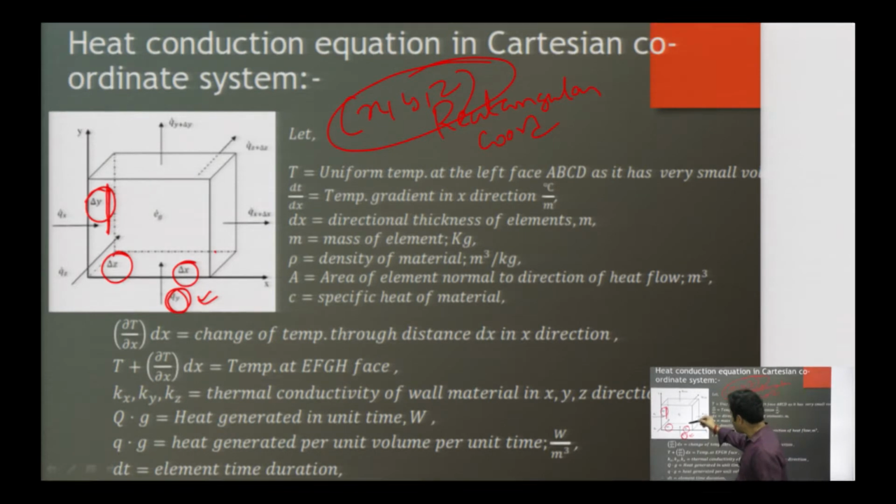Then the amount of heat that is going across the thickness, again taking delta y as my thickness, is qy plus delta y. This is the nomenclature that you need to follow in this derivation. It's a very important derivation. These 3 derivations are very important derivations.